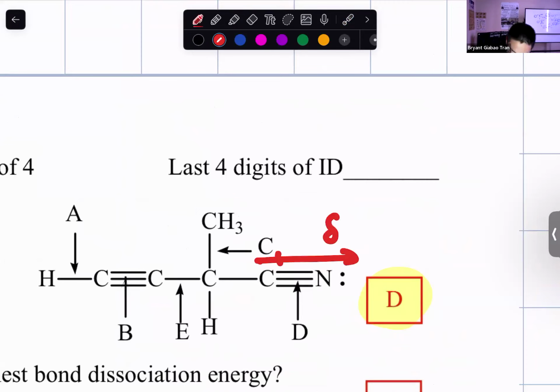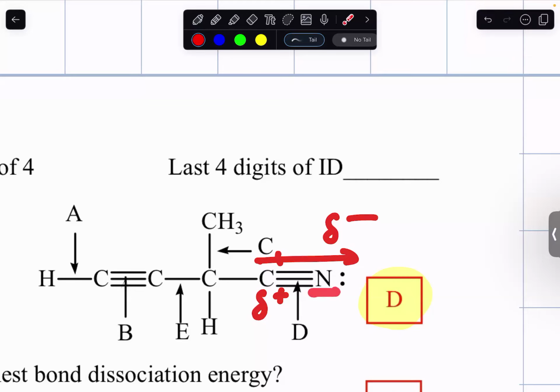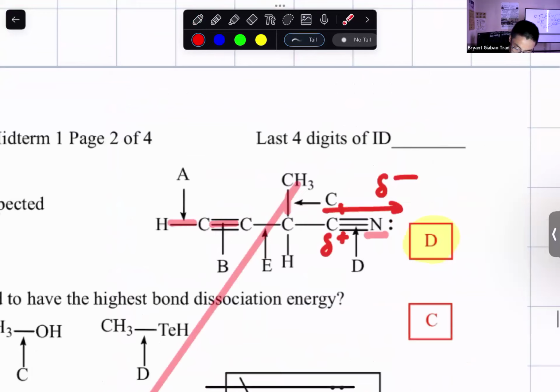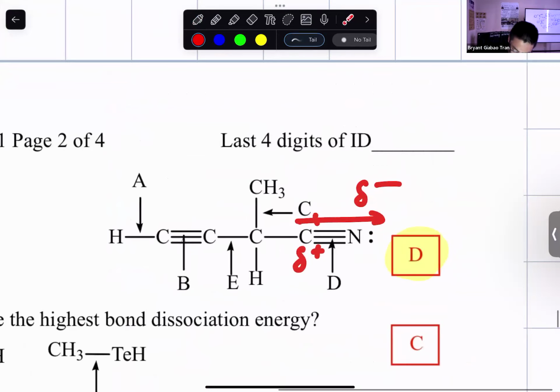So that pulling of electrons makes this bond shorter, because you could think of shortening the bond as nitrogen pulling the electrons of carbon. Whereas the other sigma bonds are non-polar, because the difference in electronegativity is negligible. But the bond here between carbon and nitrogen is polar, because they create a dipole moment.